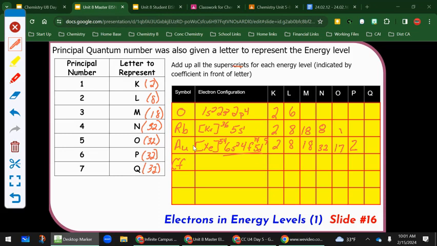That's the P. I have to add 14 more to the fourth. So yes, xenon had 18 in the fourth, but now gold has another 14 more. 18 and 14 is 32. So I up this number. I also need to up the number in the fifth energy level by 9, because in addition to the ones that were here in the fifth level, now I have some more in there. So my 8 becomes a 17.